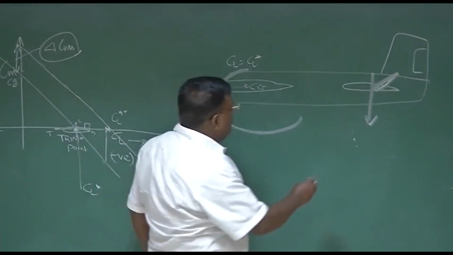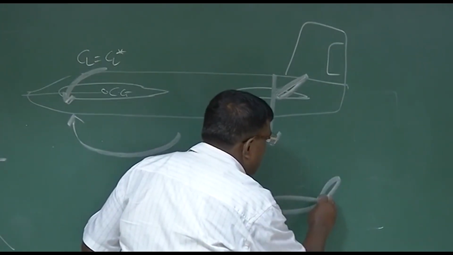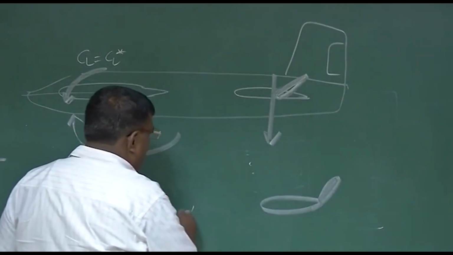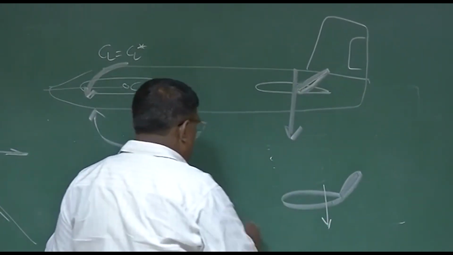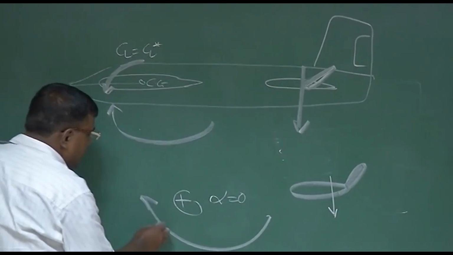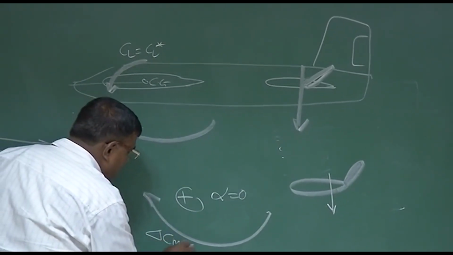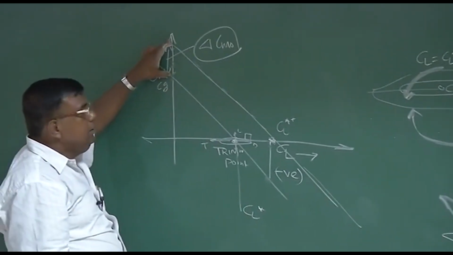You see, the moment I am putting the elevator up like this, and at alpha equal to 0, this is giving moment about CG, and this is what is delta Cm naught. This is here. Is it clear?